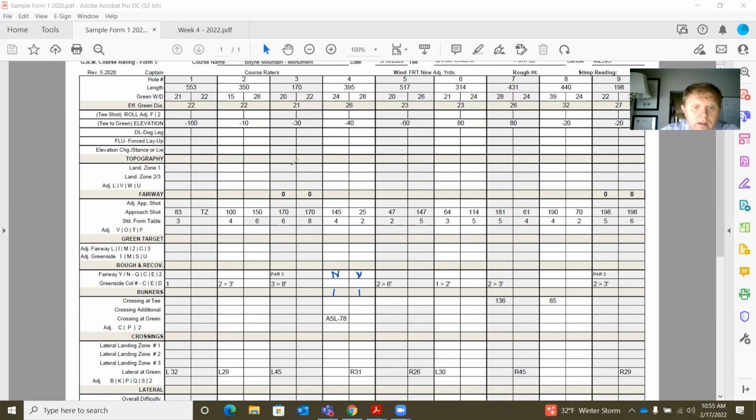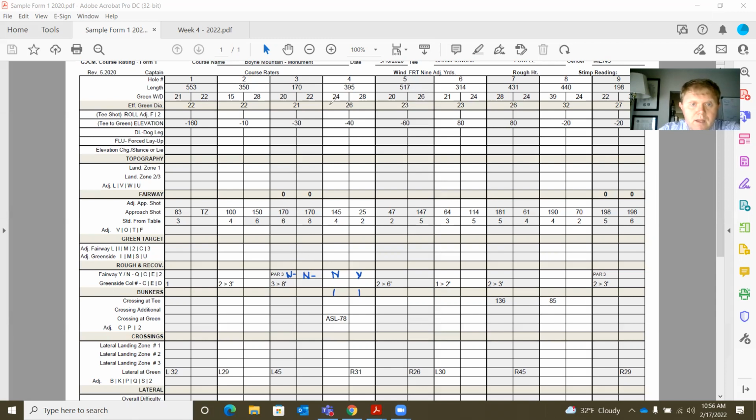The other thing we talk about is that anytime we have a par 3, we're going to have an N- listed in there. This is something you can do prior to going out on the golf course. If you have a par 3, there are no fairway bunkers, with the caveat that if you're a bogey player, that hole may not be a quote unquote par 3 for that bogey player. So if it isn't, then you could have a Y in this scenario.